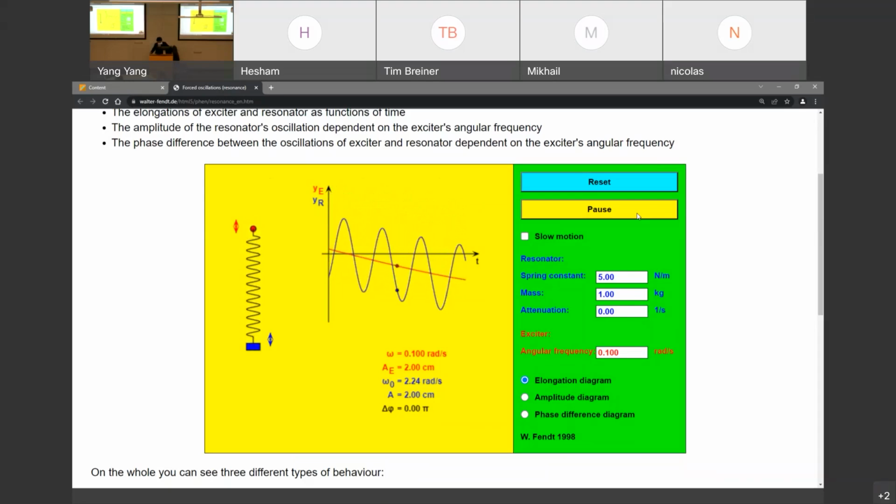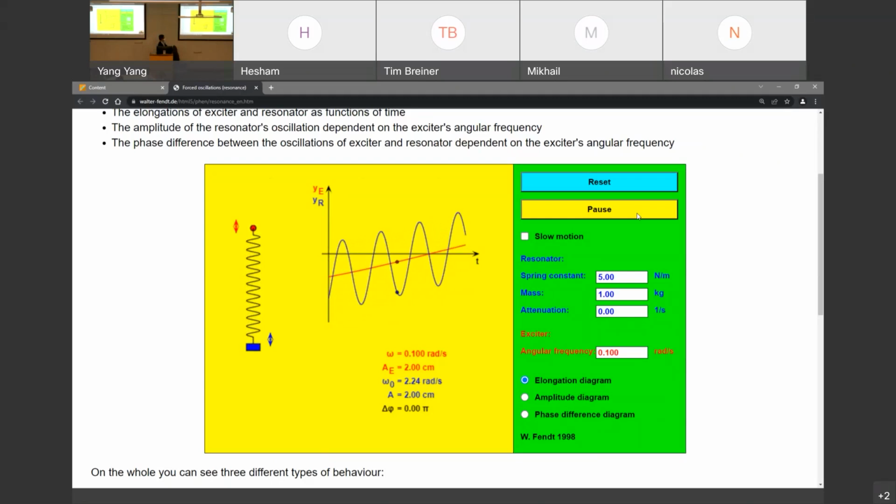So as you can see here, the frequency of the exciter is very small. So that means the response of the system goes up and it will go back. We're now climbing up. So it's just following the motion of the exciter. Yes, very good.